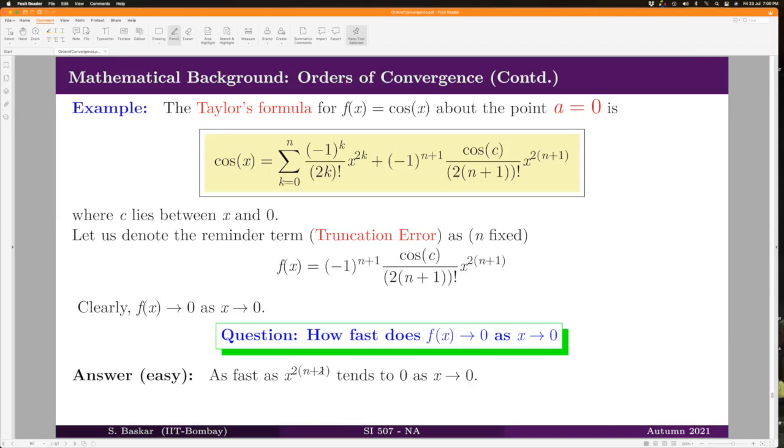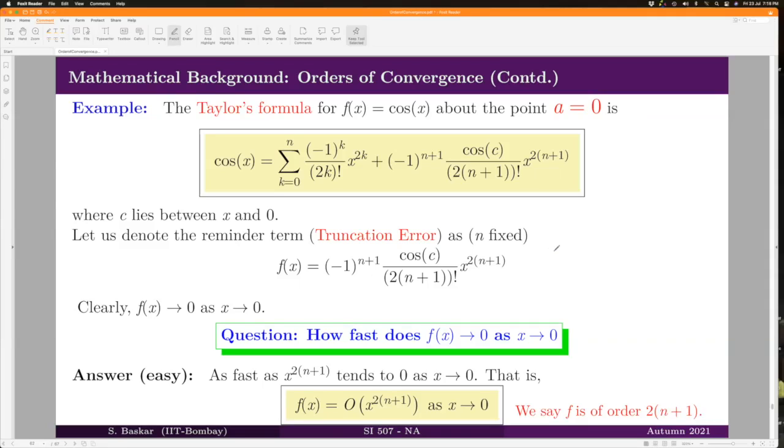So that shows that f of x is big O of x to the power of 2n plus 1. You can check this using the definition that we have given for big O also. So in this case, we say that f is of order 2n plus 1.